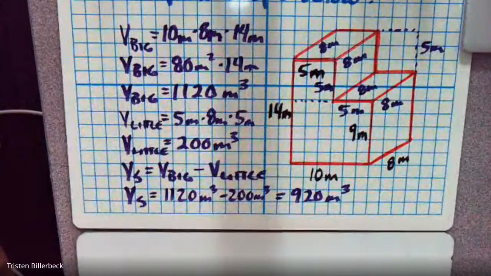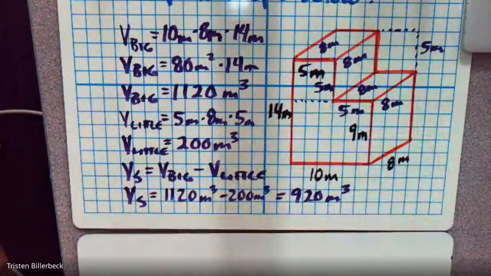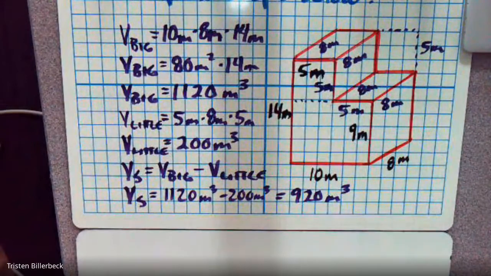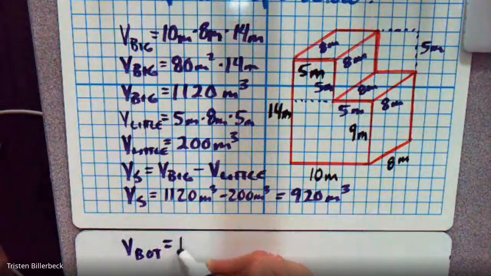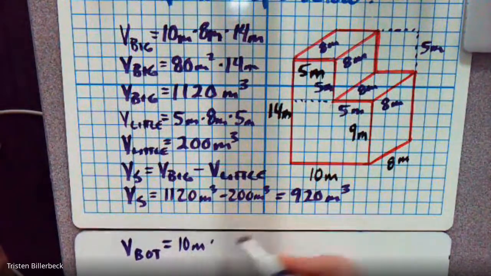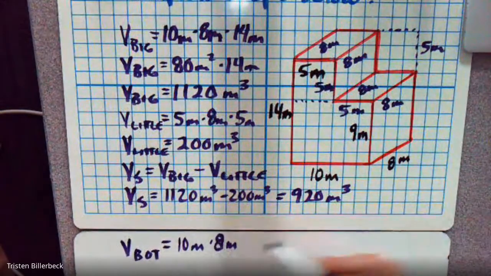So if I had done this cube here and this cube here and added them. So let's try that. So let's do volume of the bottom. So I'll do volume bottom, like that is going to be 10 meters times 8 meters for the width, and then times 9 meters.